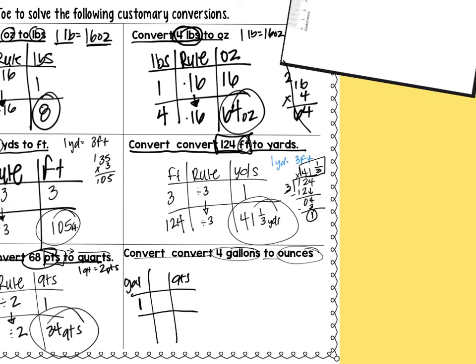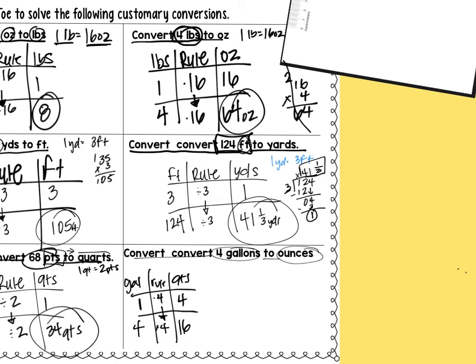So I'm going to put 1 here and 4 here. How do I get from 1 to 4? So I'm going to multiply 1 times 4. If I multiplied 4 on the top, I'm going to multiply 4 on the bottom as well. So I will have my 4 gallons times 4, and that gives me 16 quarts.